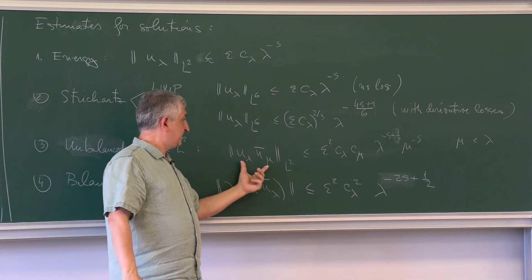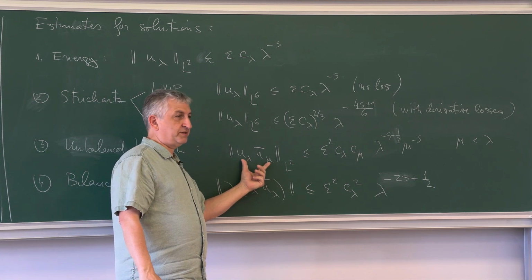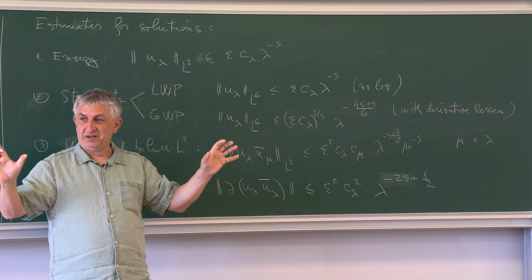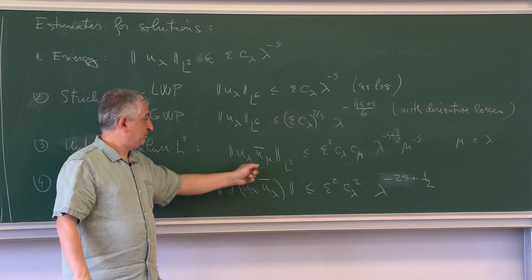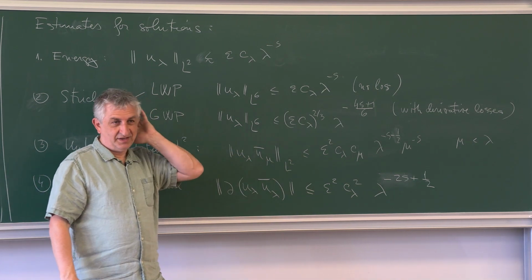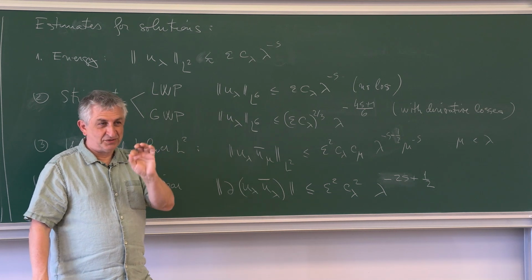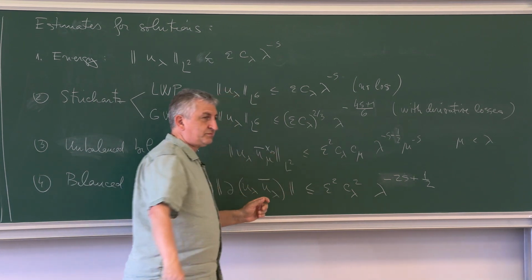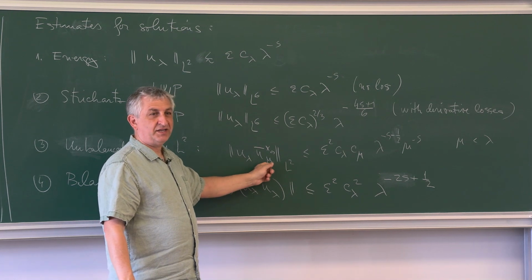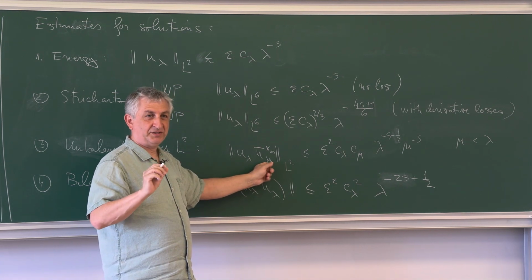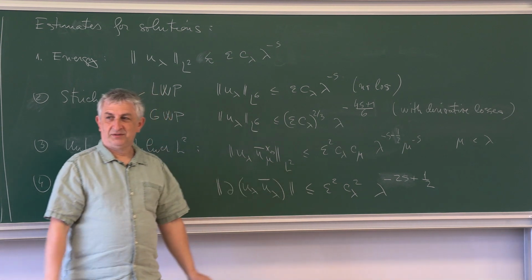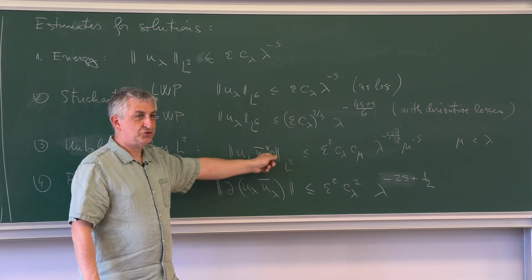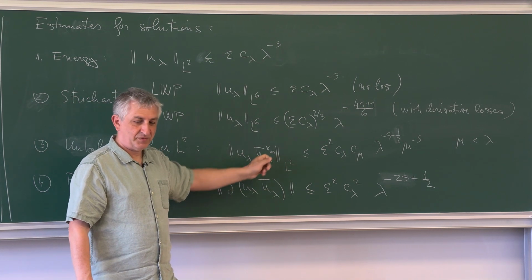If I know this estimate for the product of these two, I don't automatically know the same estimate for the product of two translates. So I would like to be able to translate one of them. How do I do this? I change the notation a little bit. I put here an x naught to signify that this function is translated by x naught. So I'm multiplying one wave with a translated other wave.